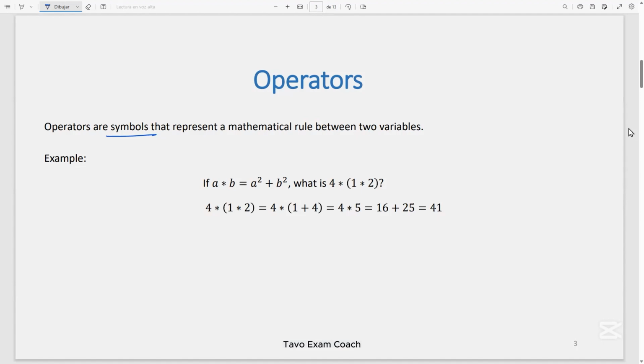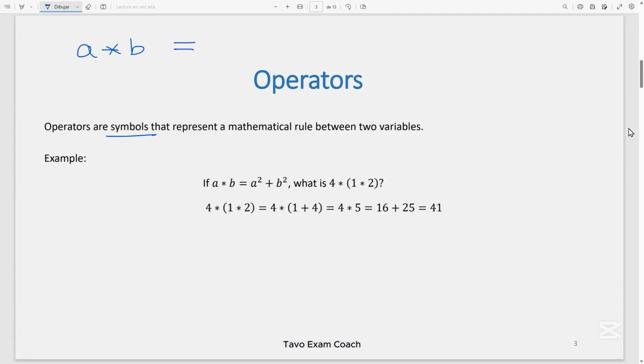So the concept of operator means that you may be given any symbol that you might find on a keyboard, or perhaps other different symbols, such as, for example, the asterisk. If with the asterisk we want to represent a custom operation that is a special combination of algebraic operations between variables, we might say, for example, that we define the operation asterisk using an equality.